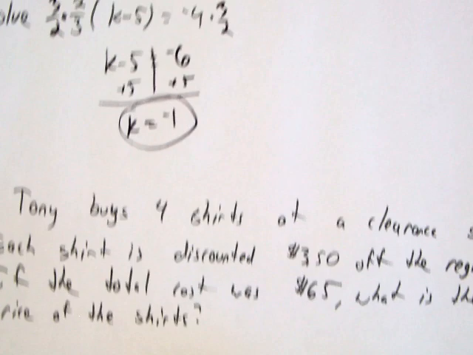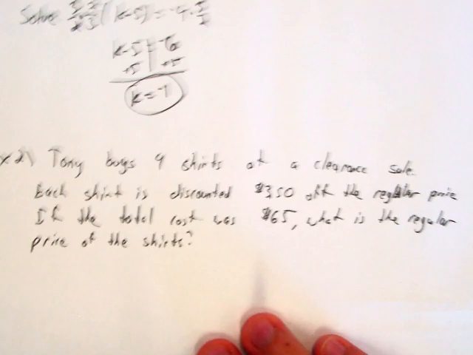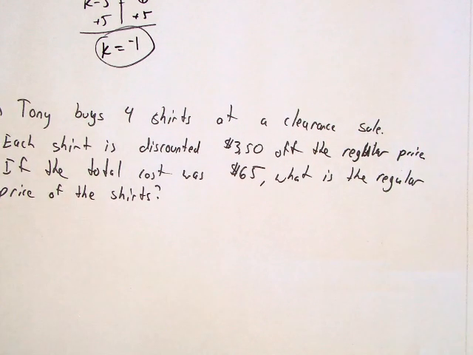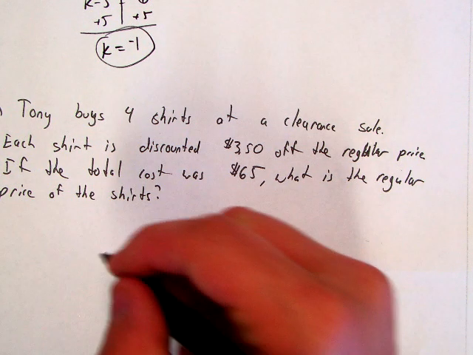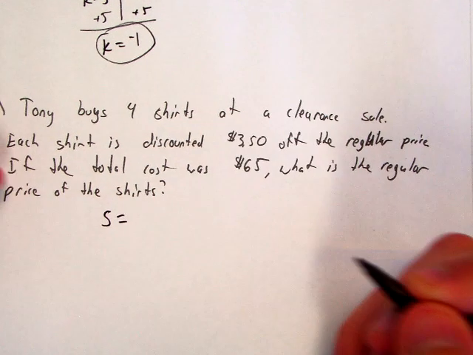This is a word problem that's going to help us write an equation from last lesson and then solve the equation from this lesson. So Tony buys 4 shirts at a clearance sale. Each shirt is discounted $3.50 off the regular price. If the total cost was $65, what is the price of the shirts? So, first of all, let's define a variable.